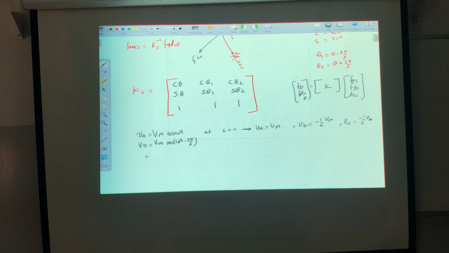So now I need to calculate VQ, VD, and V0 here, which will be the matrix here.